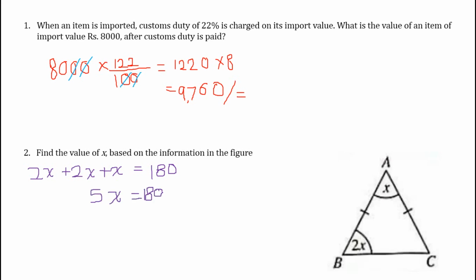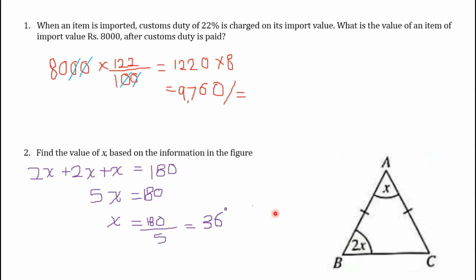So there you get 5x equals 180. Now let's find what x is. 180 divided by 5 gives you 36. So the value of x in this triangle is 36 degrees.